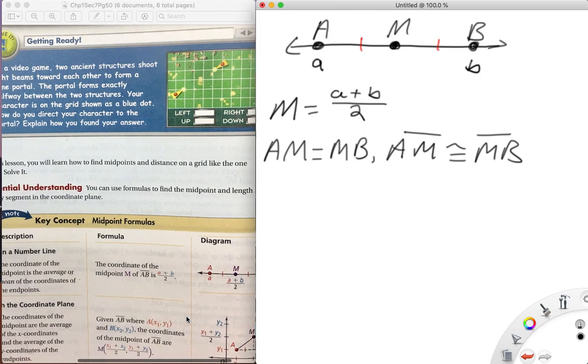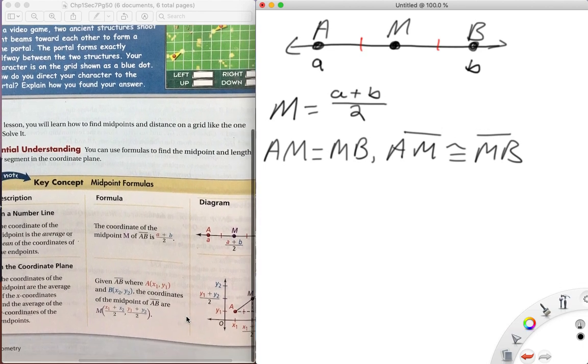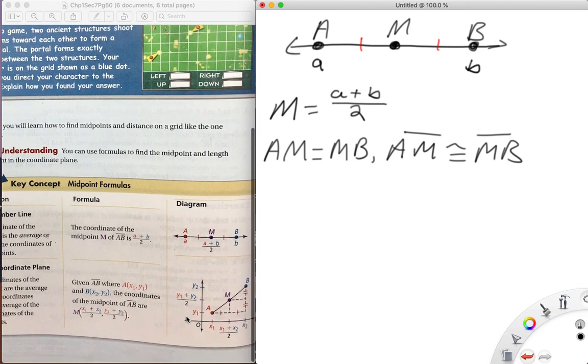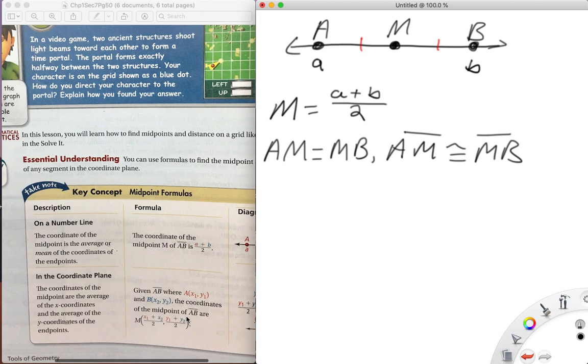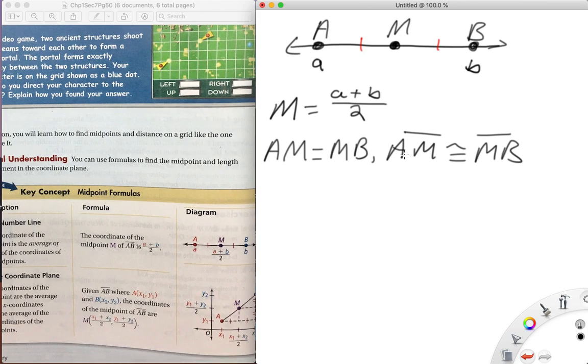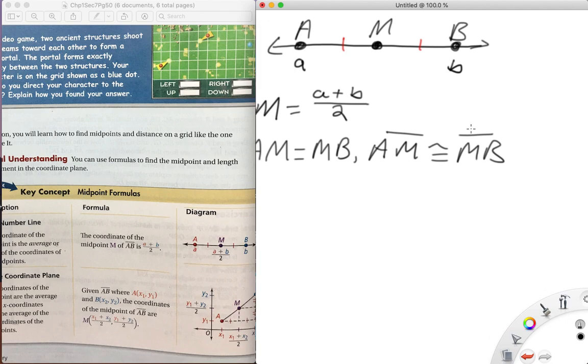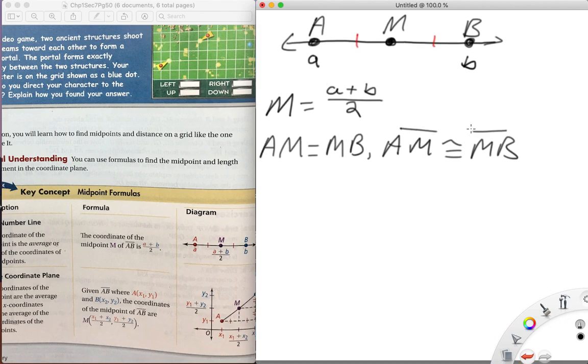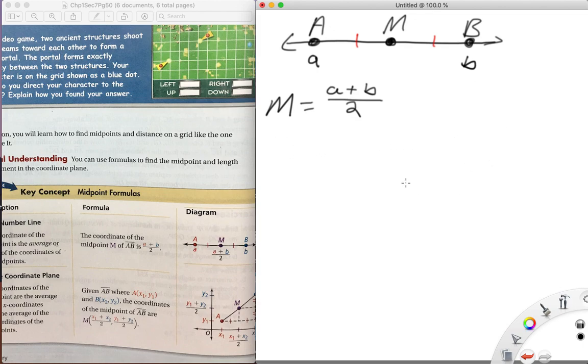Then they give us another equation, which is the midpoint on the coordinate plane, which is just like the midpoint on the number line, but now instead of having one coordinate, we have 2, one going up and one going down.